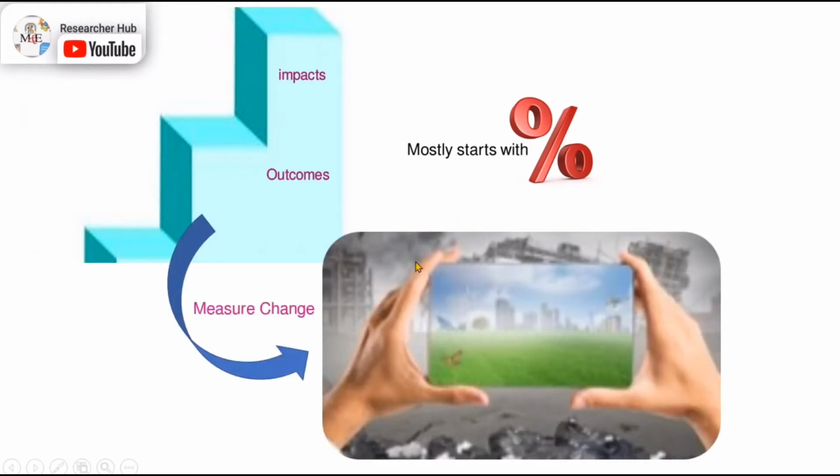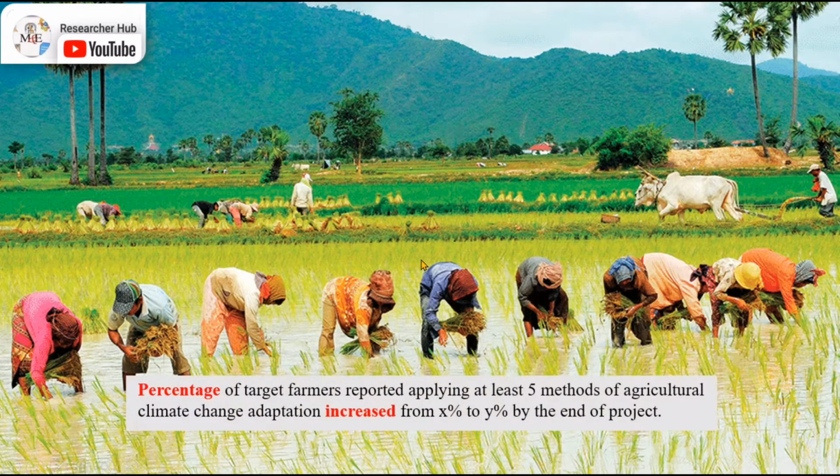For example, percentage of target farmers reported applying at least 5 methods of agricultural climate change adaptation increased from X% to Y% by the end of the project.